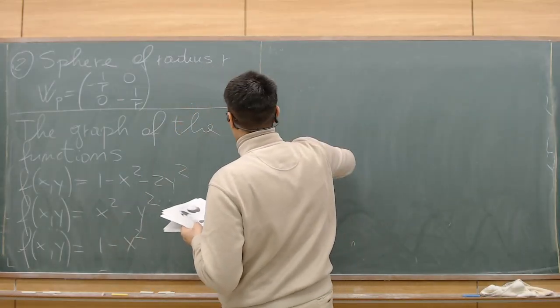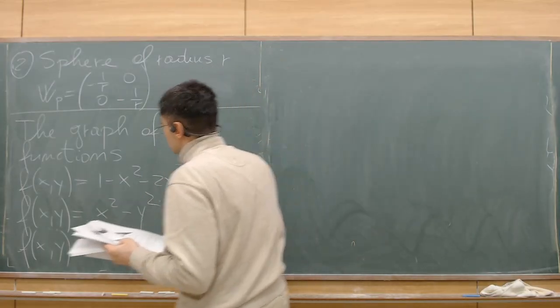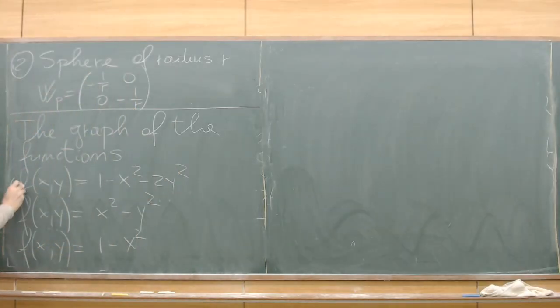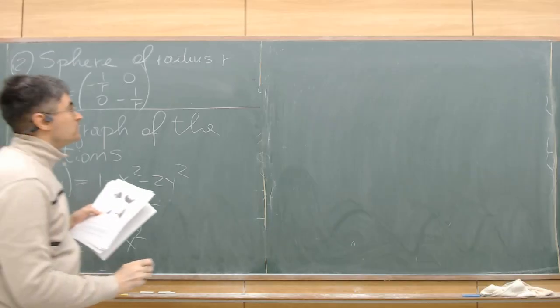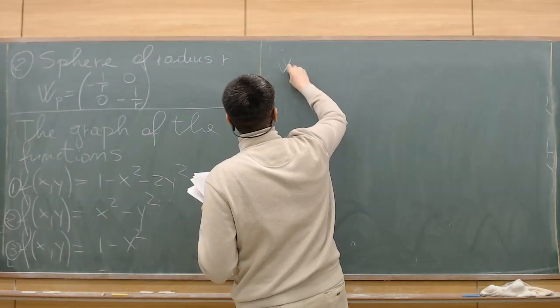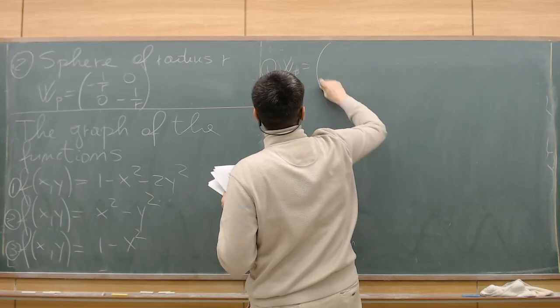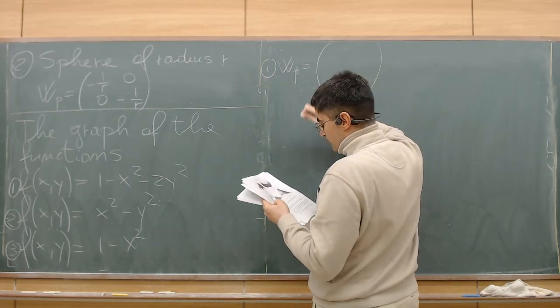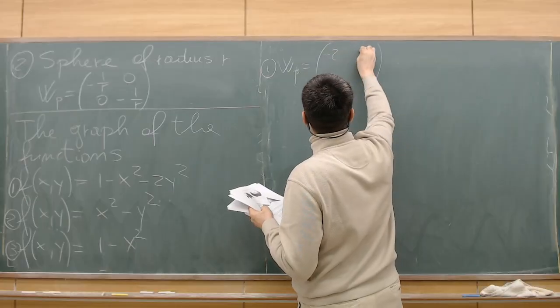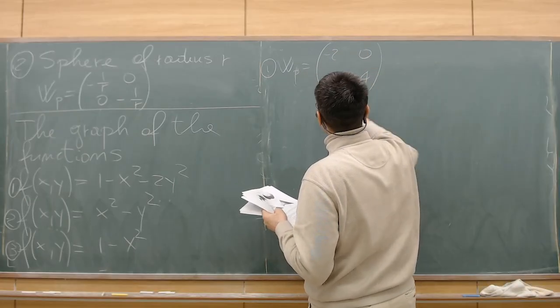So we saw that for the first one, the matrix which represents WP was minus 2, 0, 0, minus 4.